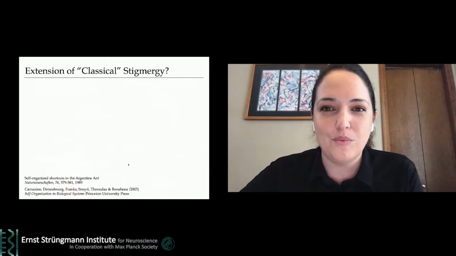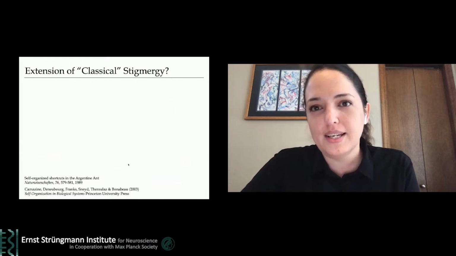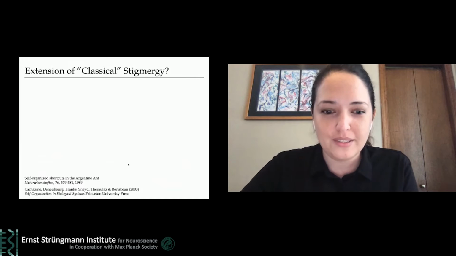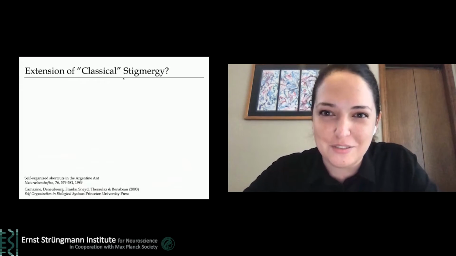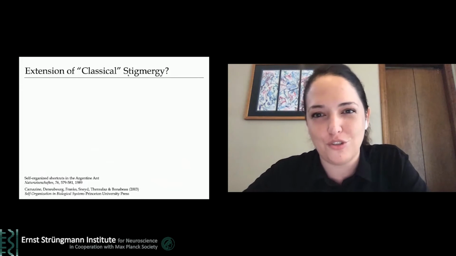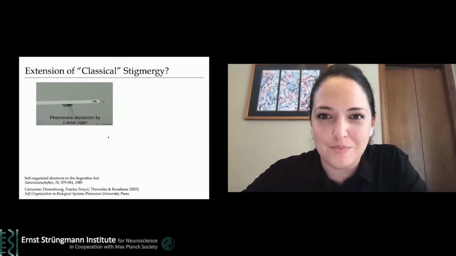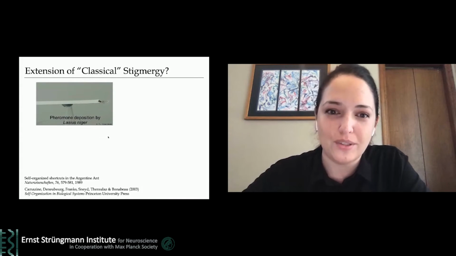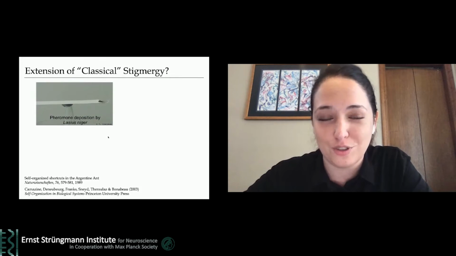What I'm going to tell you about today are a couple of examples of how honeybees communicate through the environment. That's a classical definition of the process that is usually termed stigmergy, of how animals communicate through the environment. So just so we're on the same page, one of the examples of these stigmergy processes is how ants communicate with each other when they're in large groups by laying pheromones in their foraging path.